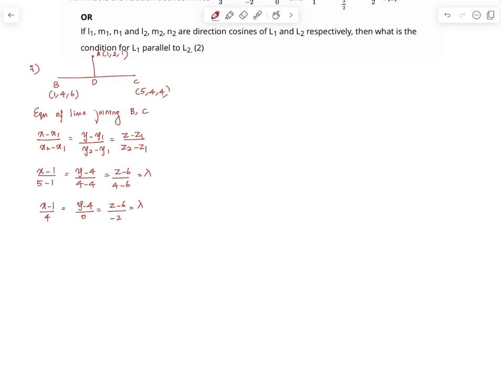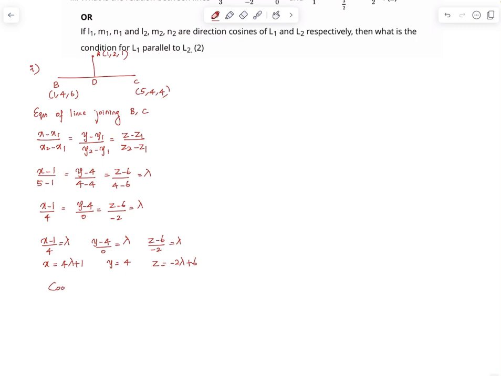From here let's get x, y and z. X minus 1 upon 4 is lambda, so x is equal to 4 lambda plus 1. Y minus 4 upon 0 is lambda, so y is equal to 4. Z minus 6 upon minus 2 is lambda, and z is minus 2 lambda plus 6.